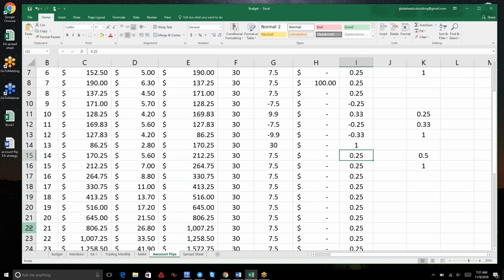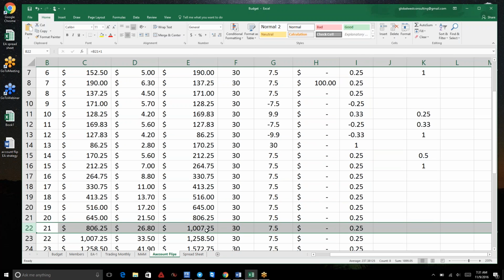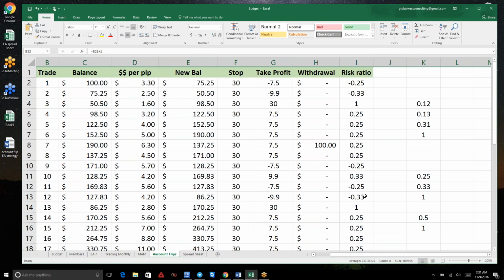And then it takes 21 trades if you go to 1,000, and you lost 1, 2, 3, 4, 5. So you lost 5 trades out of 21.